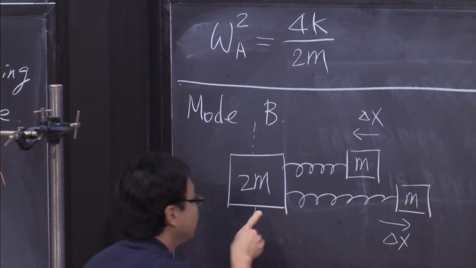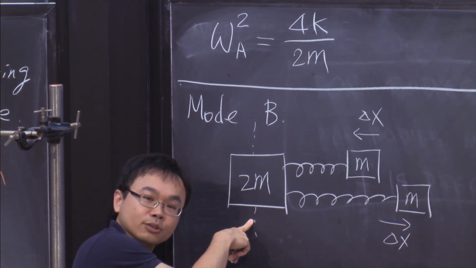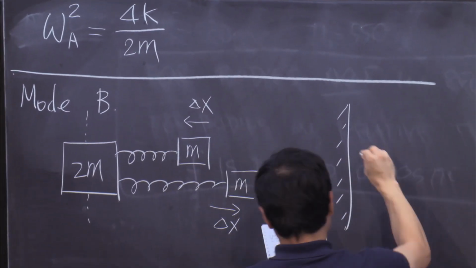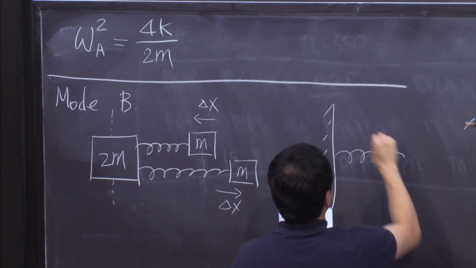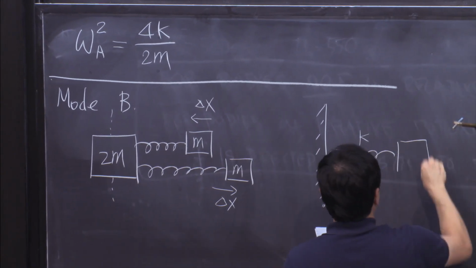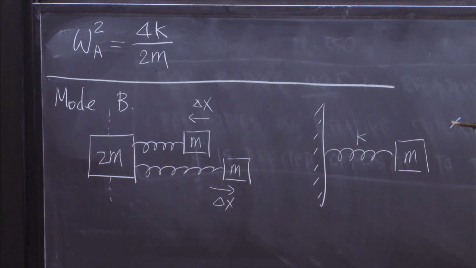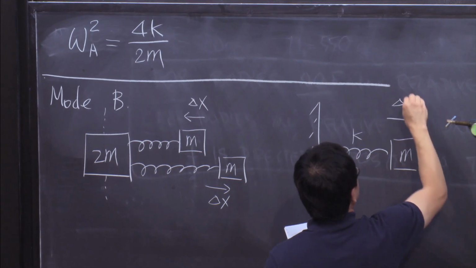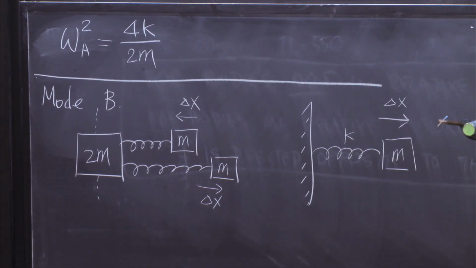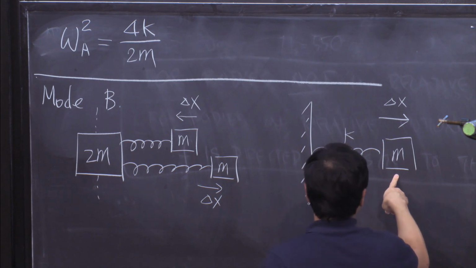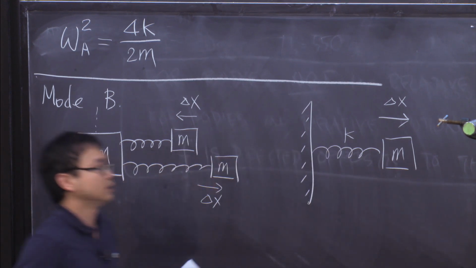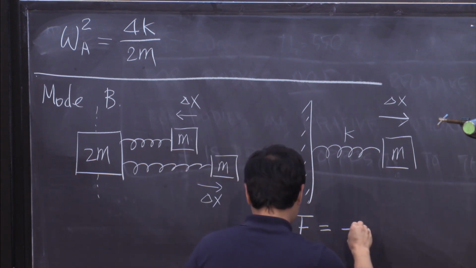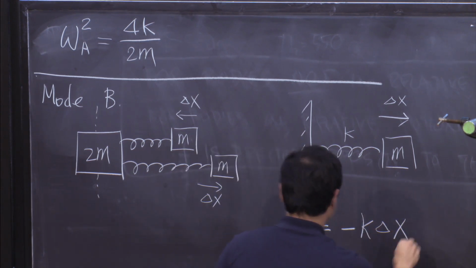But since this left-hand side mass is not moving, it's as if this is a wall, and this was a single spring, k, connected to a little mass, and it got displaced by delta x. So this mass will experience a spring force F equal to minus k delta x.